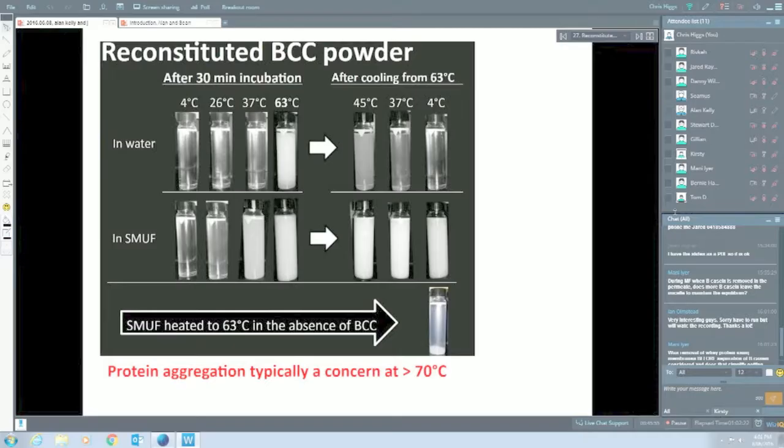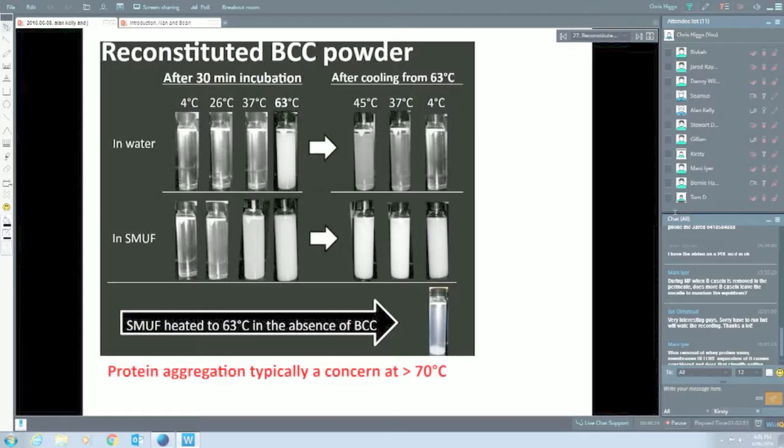You can see on the next slide, entitled Reconstituted Beta-casein Concentrate Powder, that when we increase the temperature of a beta-casein solution in water, it does become turbid. That's due to the formation of the micelles. But in water, on cooling, that's completely reversible, which is shown across the top of that slide.